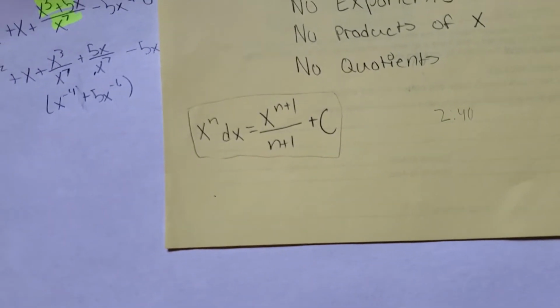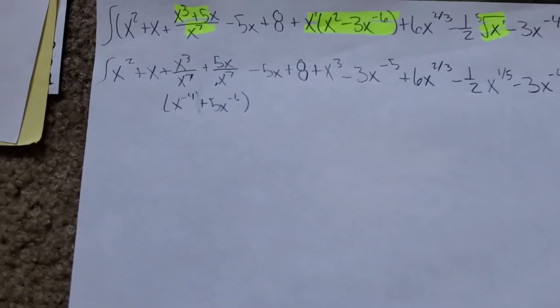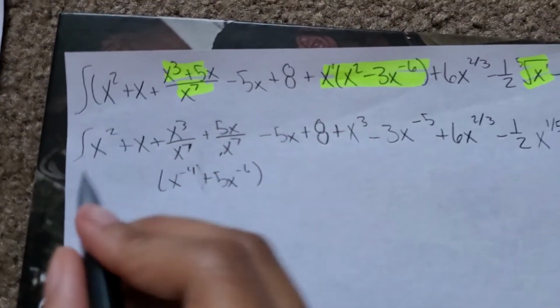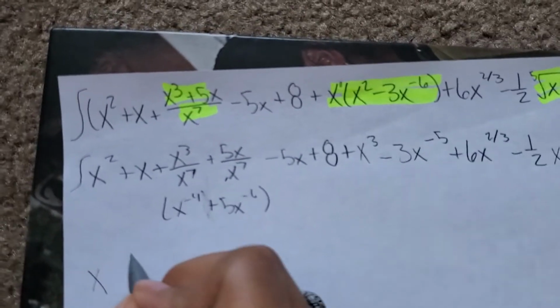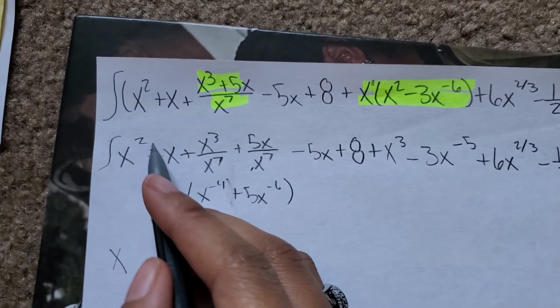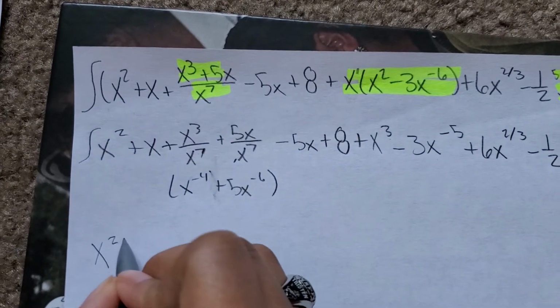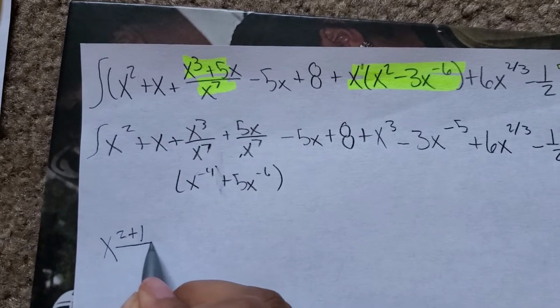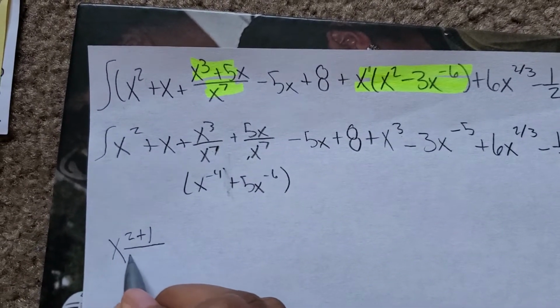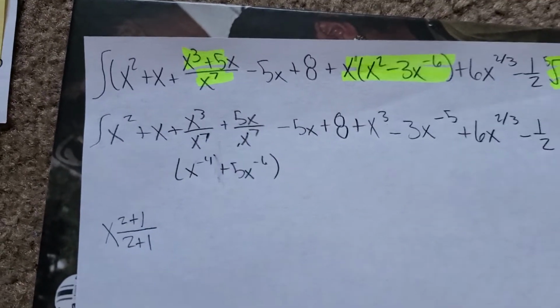And what you do with that is you take the top exponent that you have and add 1 to it, then go under, and it should be the same.